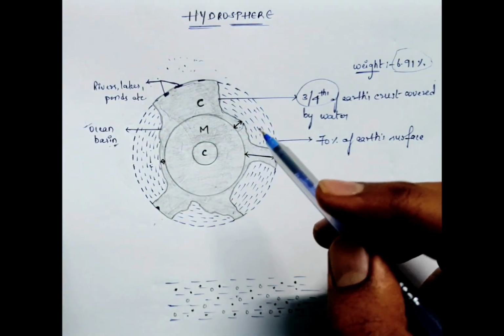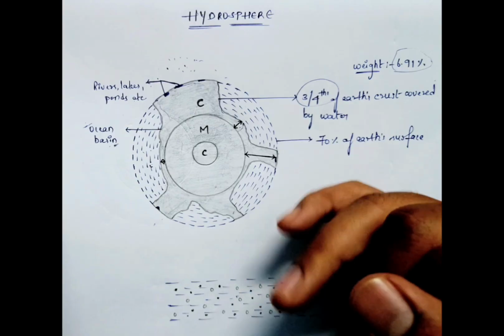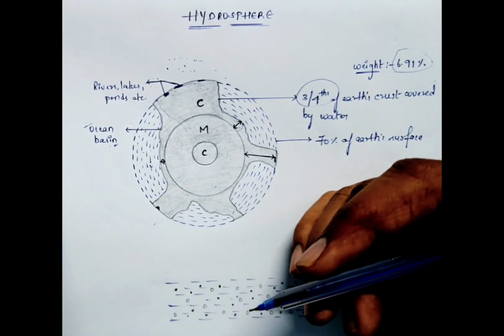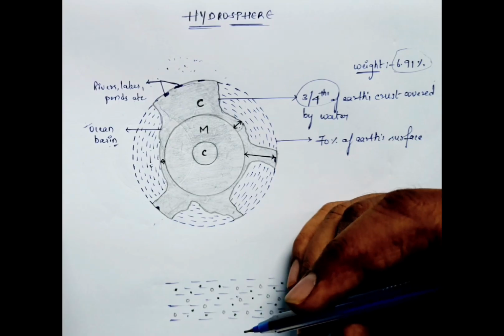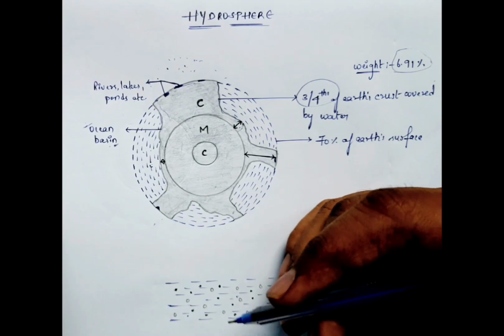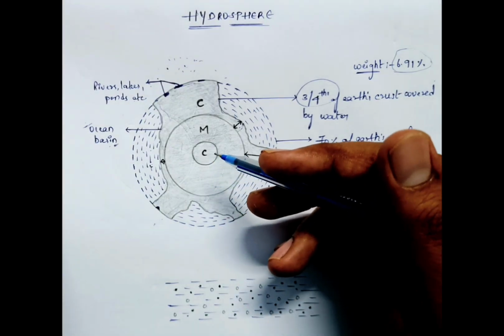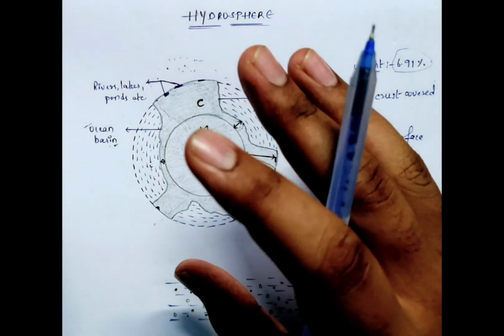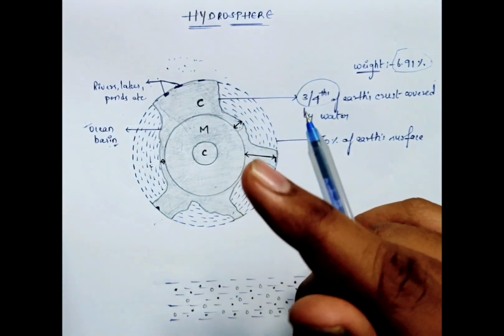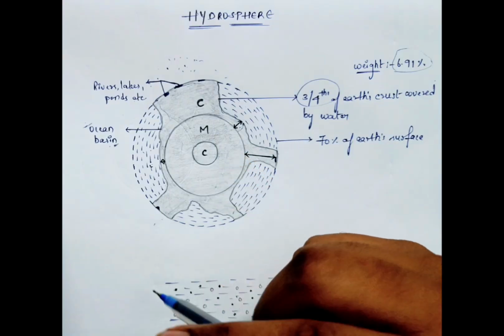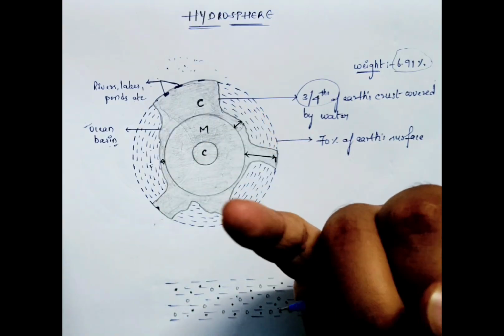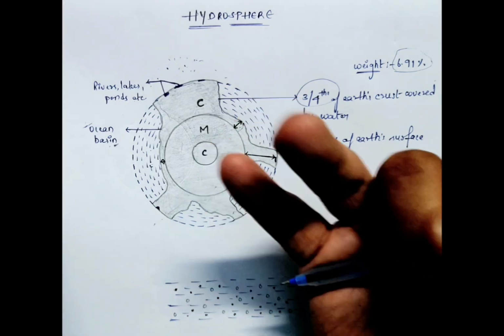And next point, again weight. Earth's crust contributes maximum part of Earth's weight, friends, as it is the solid part of Earth. It contributes 93.06% of Earth's mass. Atmosphere 0.03% of Earth's mass. Weight of hydrosphere 6.91%.